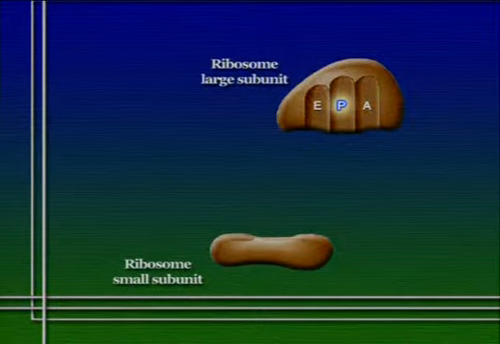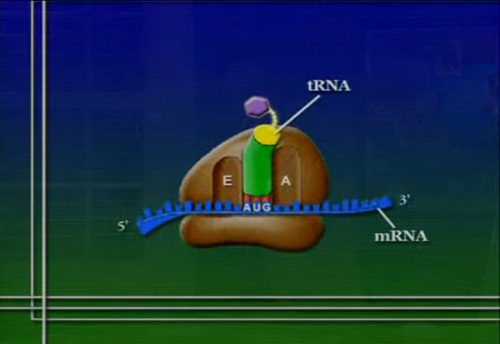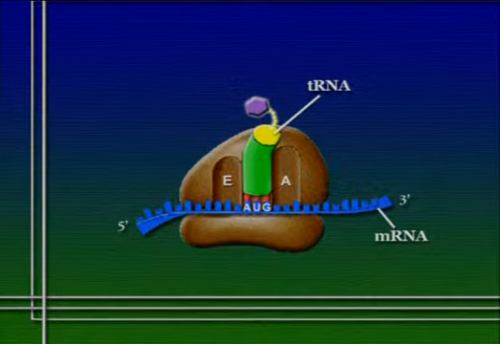So imagine you've got a ribosome that's got binding sites that would fit tRNAs, three of them, the A site, the P site in the middle, and the E site on the other end. What happens during initiation is that the start codon of the messenger RNA and this initiator tRNA with the methionine sit down on the P site, the site in the middle of that ribosome.